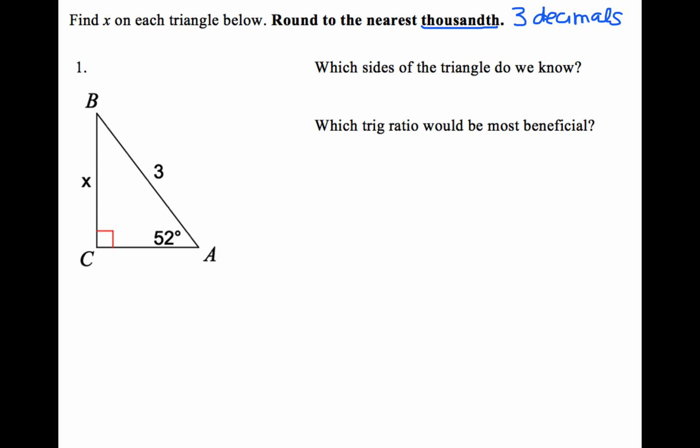So let's start by looking at what information we know. My angle is 52. This x is the opposite side. The 3 is the hypotenuse. So I know opposite and hypotenuse.